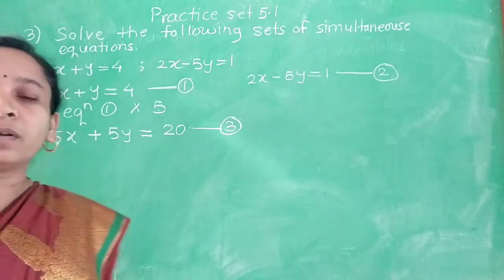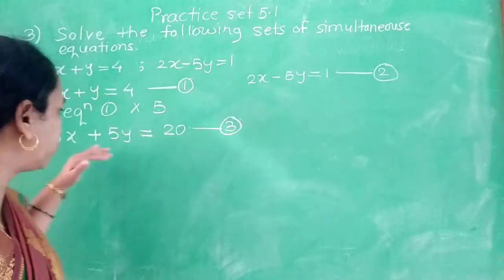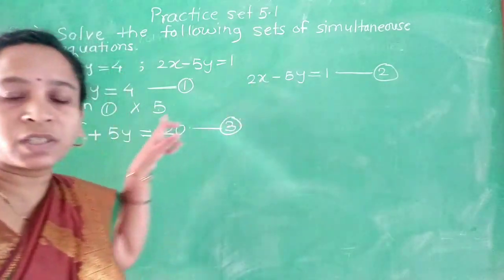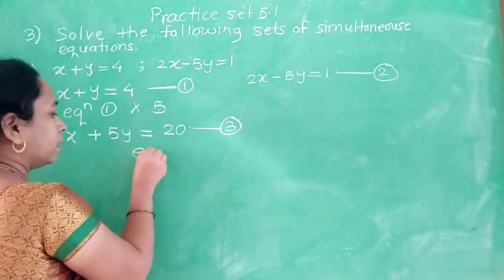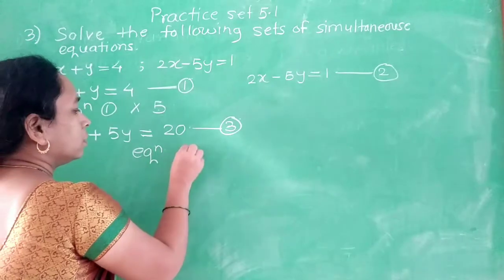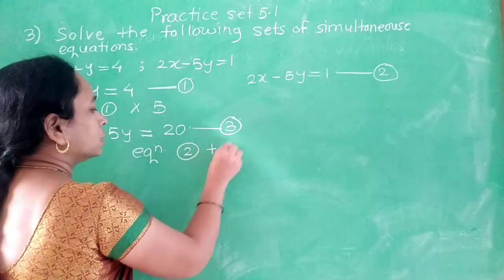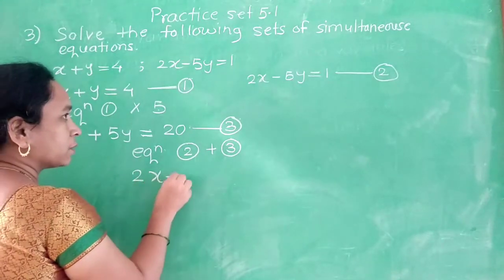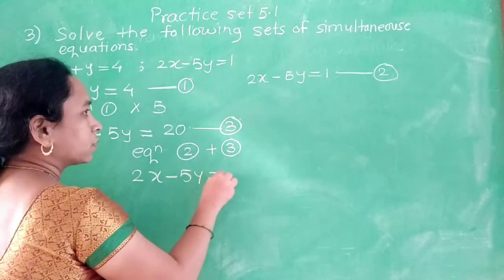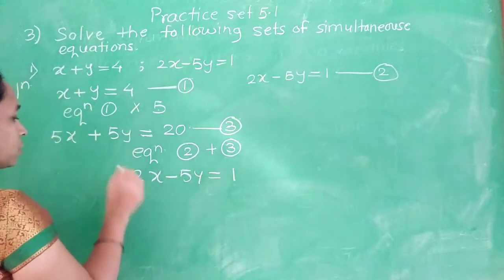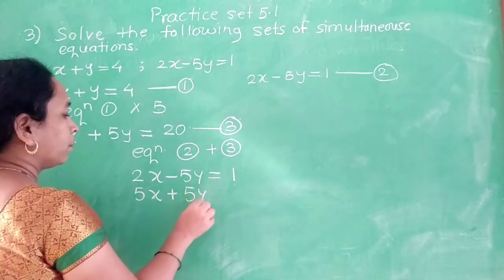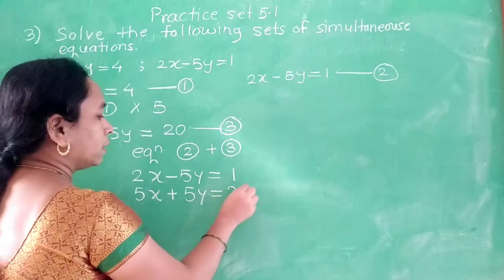Now I have got in equation number 2 and 3 the variable y, its coefficients are equal. So I'll add equation 2 plus 3. What is equation 2? 2x minus 5y is equal to 1. What is equation 3? 5x plus 5y is equal to 20.